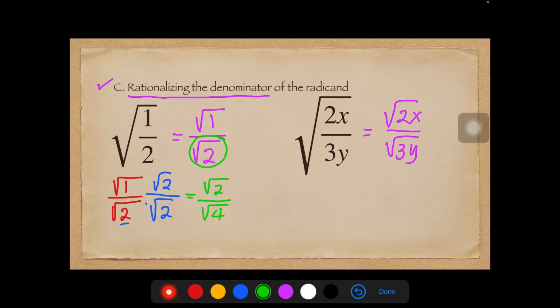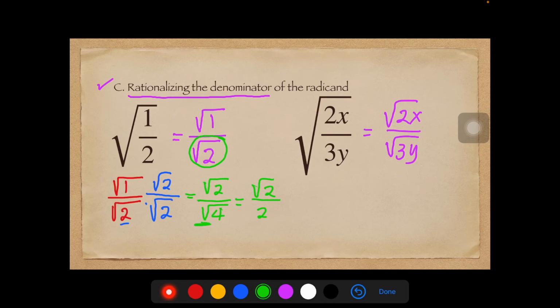And 4 is a perfect square, so we can remove the perfect nth power from the radicand in the denominator, and we come up with an answer that is read as square root of 2 over 2. It's already in the simplest form, and we have successfully removed the radical sign in the denominator.